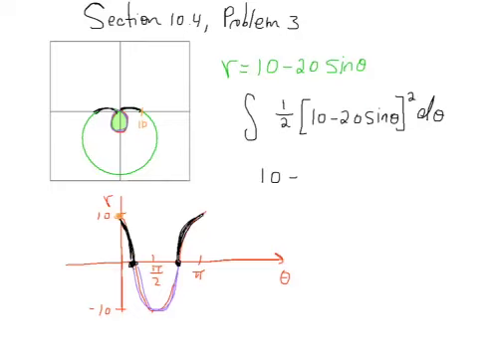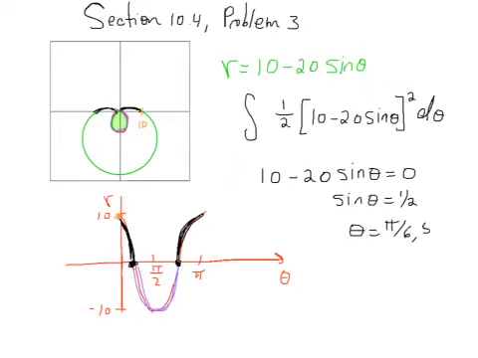So I know that I hit those angles when r is 0. That means sine theta has to be 1/2, and theta then would be pi over 6 and 5 pi over 6. So those are the angles that I need, and that's the integral that I want.